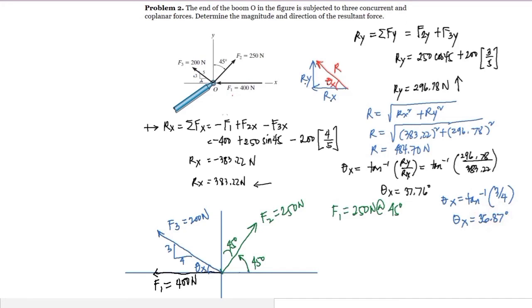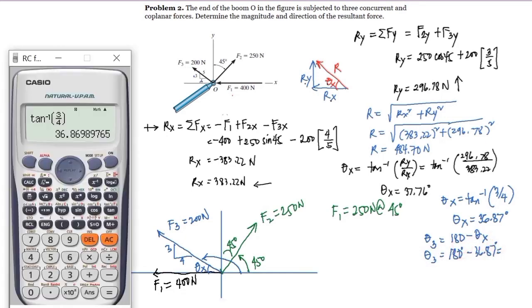And computing for this standard angle here, what we have for that theta 3 is 180 minus the theta x. For the computation, we have 180 minus 36.87, and we have here 180 minus our answer.